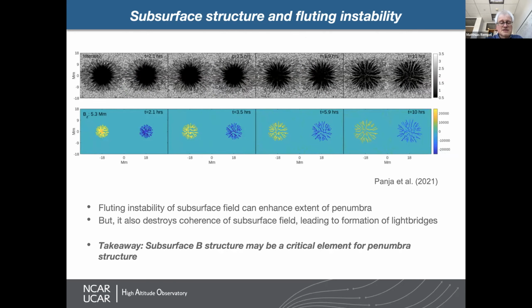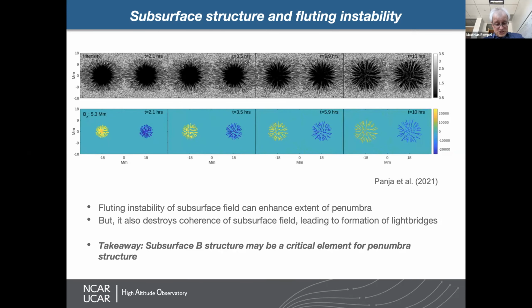And they could show that when you have this fluting instability happening, it promotes penumbra formation. You do get a more extended penumbra, but you also have the problem that this fluting instability doesn't stop. It propagates and really takes the sunspot apart. And at some point you see these radial light bridges entering the spot, and eventually it would fall apart.